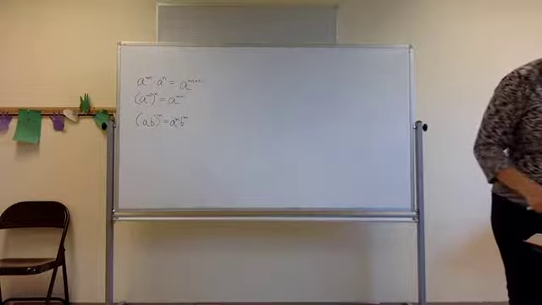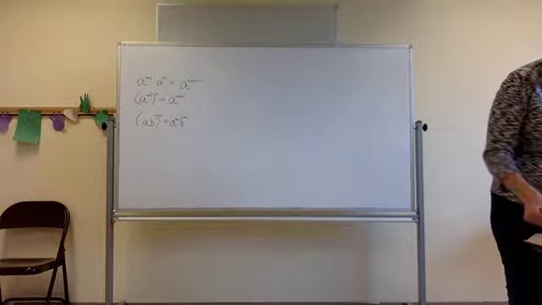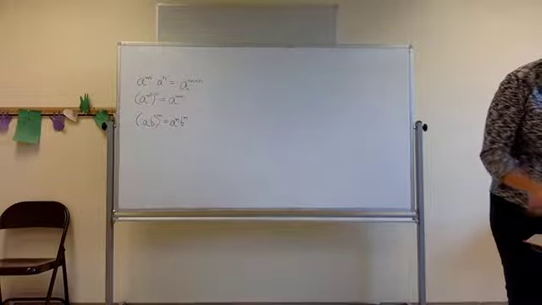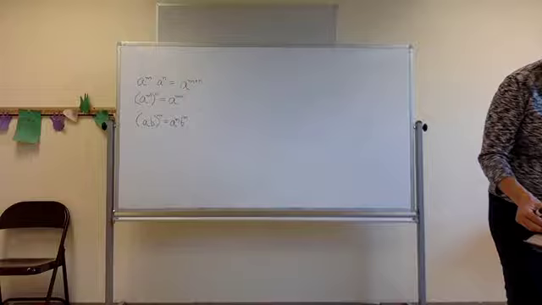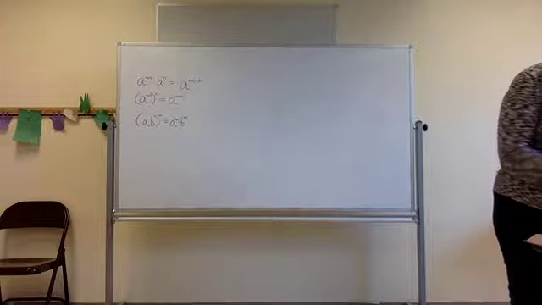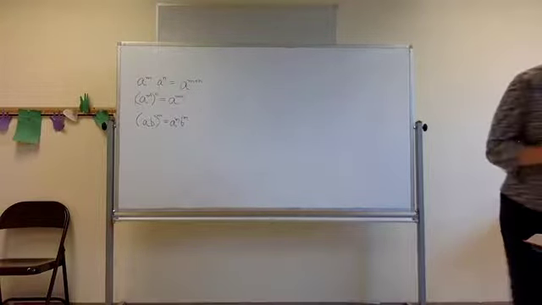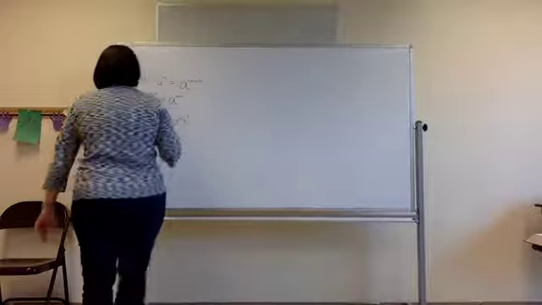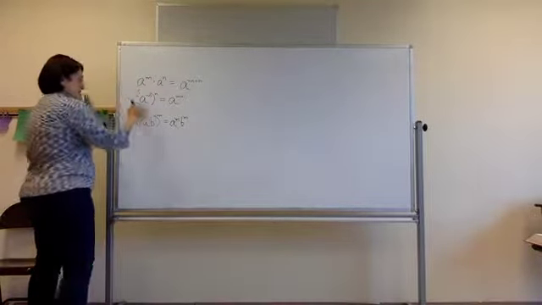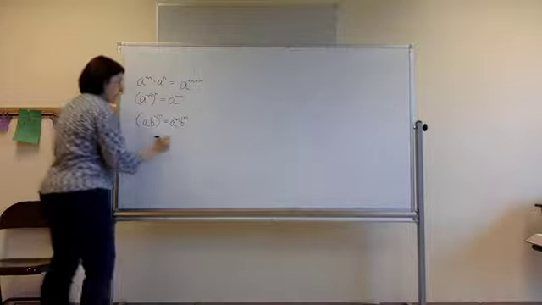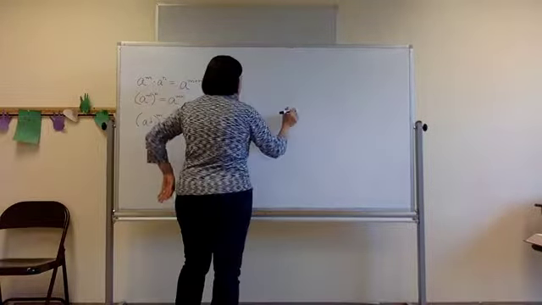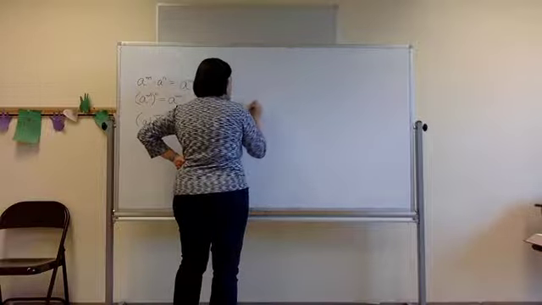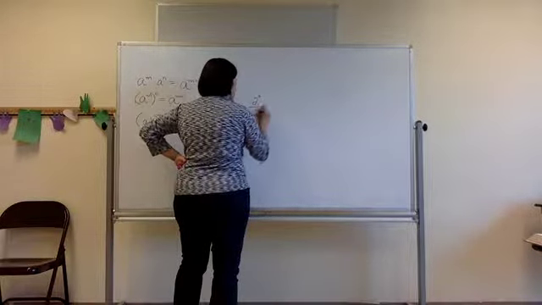Now, the book introduces this property a little bit later, but I think it's helpful to know it now in explaining the zero exponent, because it's related to this. How about this? Let's say I have 2 cubed, and I divide it by 2 squared.